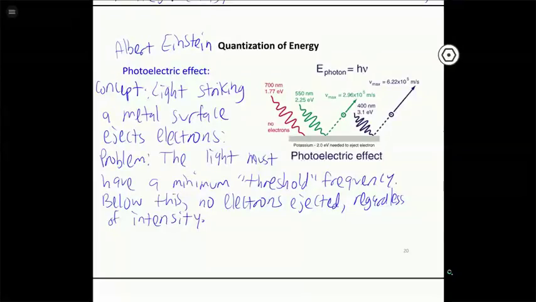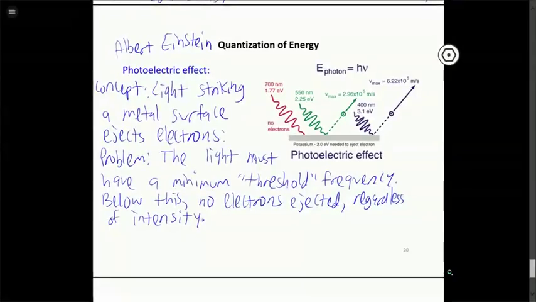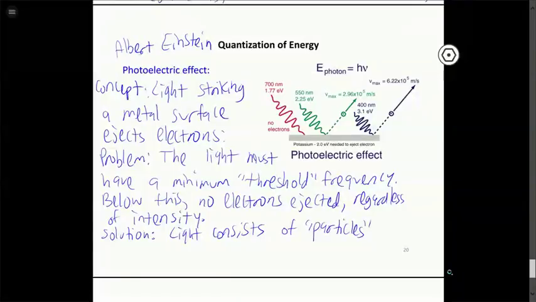you won't see any electrons. And then the solution that Einstein came up with was that light has discrete particles, if you want to call it that, called photons. All right, or also that light energy is not continuous, but is also quantized into little packets of energy or particles called photons.